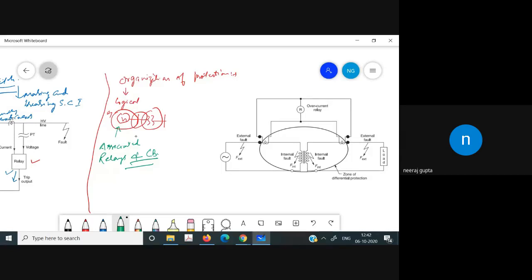So only within that ring the relays and circuit breakers will trip to remove the faulty part from the rest of the power system. And this ring of security is known as the zone of protection.